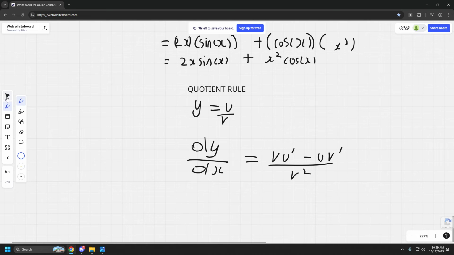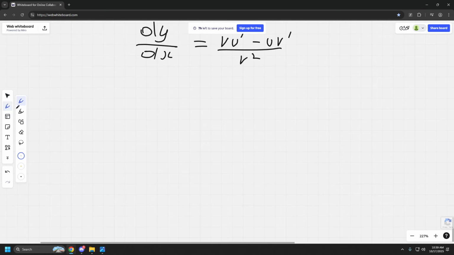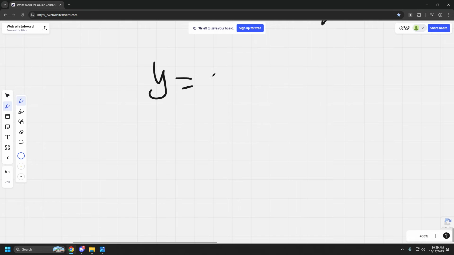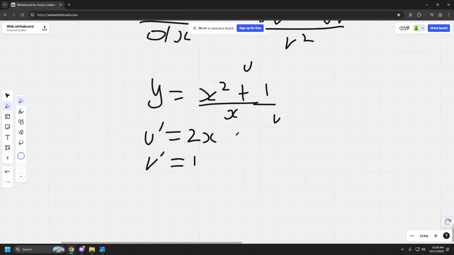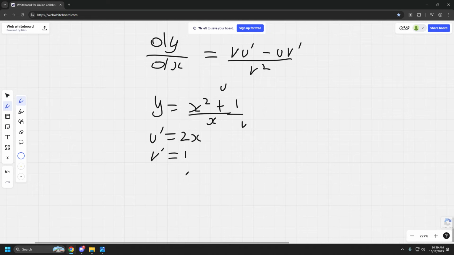Let's do an example. Given y is equal to (x squared plus 1) over x, let u equal x squared plus 1 and v is equal to x. That means u prime is equal to 2x and v prime is equal to 1. Let's use the formula. What is v? x.